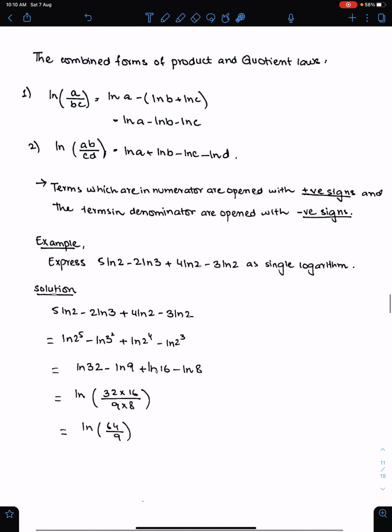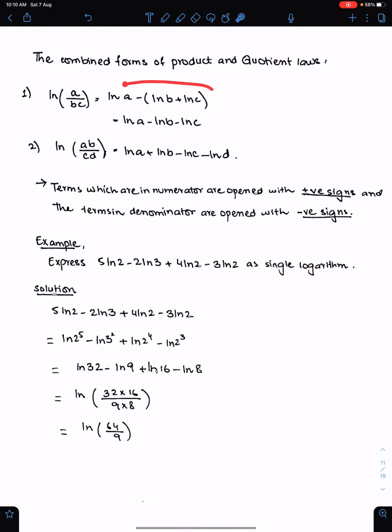Well, the combined forms of both the laws, product and quotient laws. If we have this situation, then we have to distribute log to these three functions in this way. This can be written as ln a, and since both functions are in the denominator, we have to put a negative sign, bracket, and these two functions. Since they both are multiplying, we must have ln a plus ln c, ln b plus ln c.